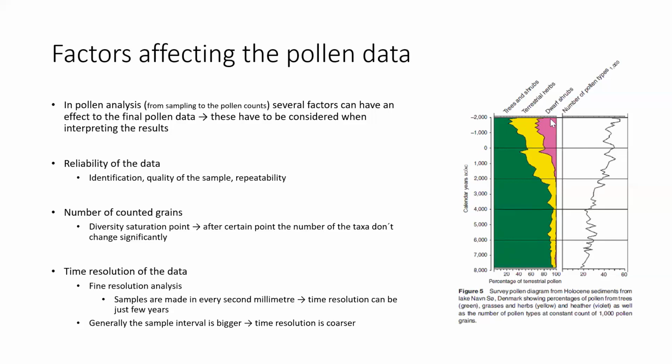You have to have a constant number of counts, and then you can make the interpretation that, for example, the number of taxa increases towards the present, and you can see reliably the proportions change in the pollen.